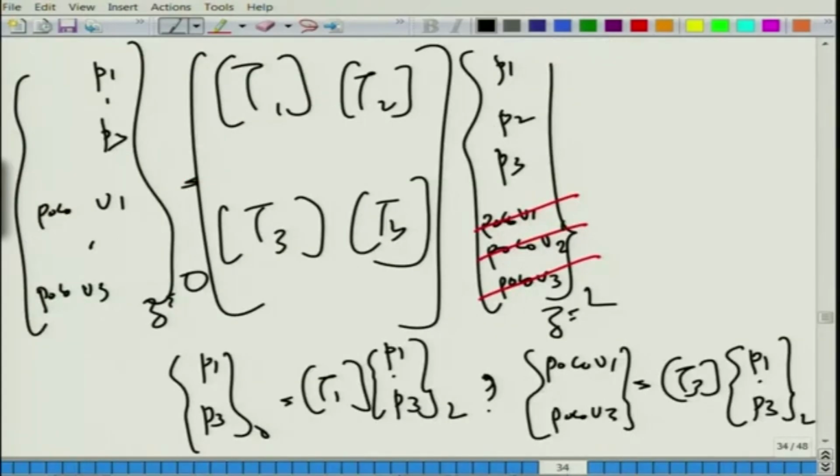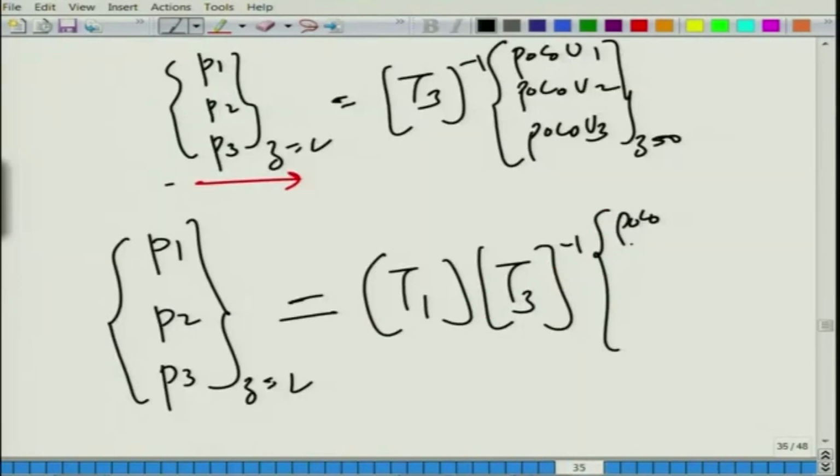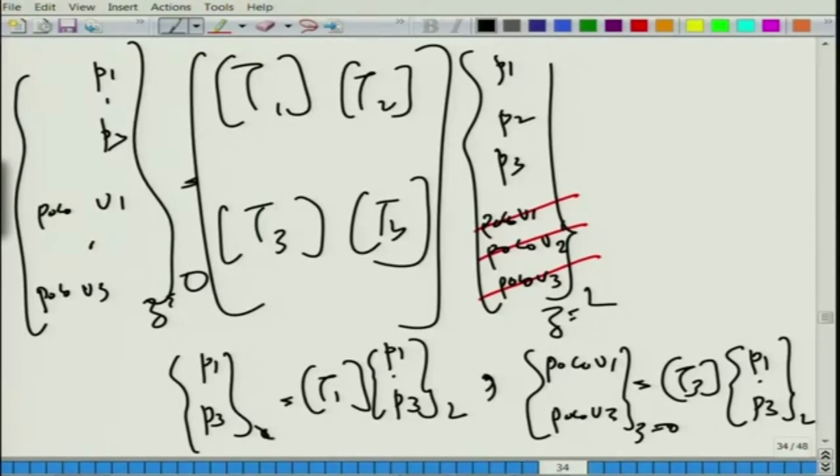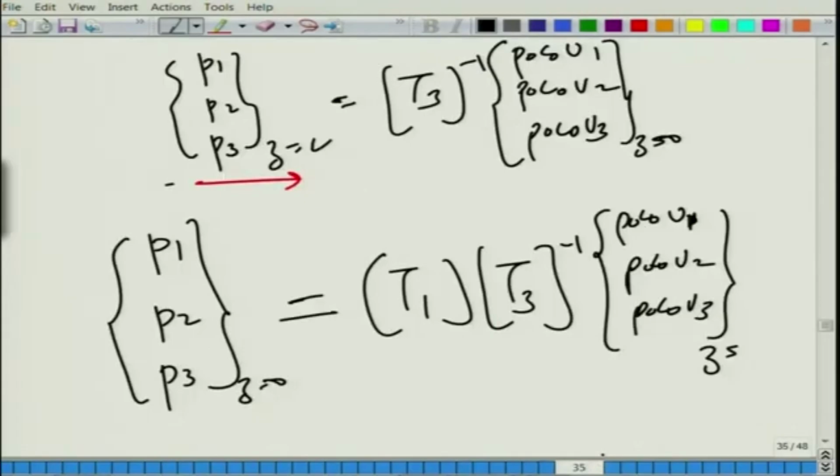If you recall, this was at z is equal to 0, so my mistake. In place of this we are writing the inverse of this. It is easy to see that when you simplify, we will get this.